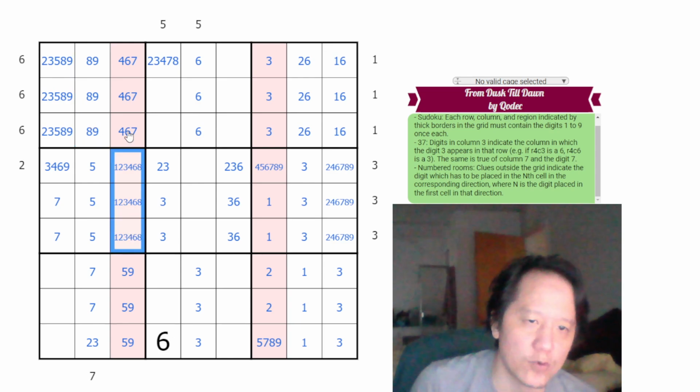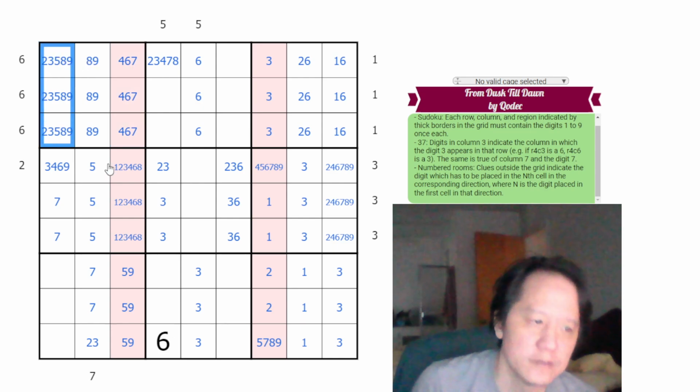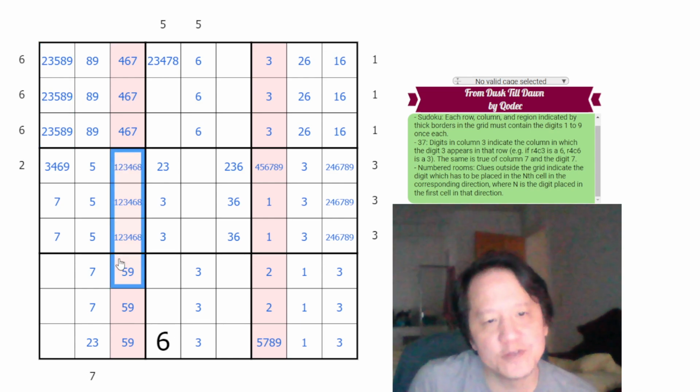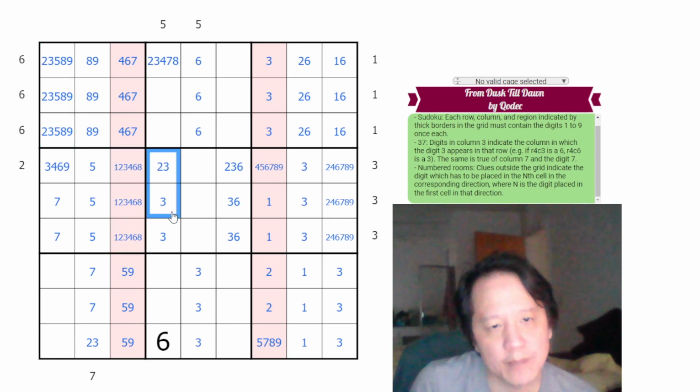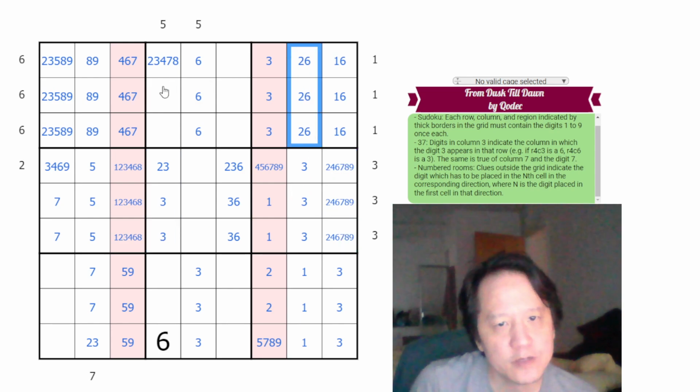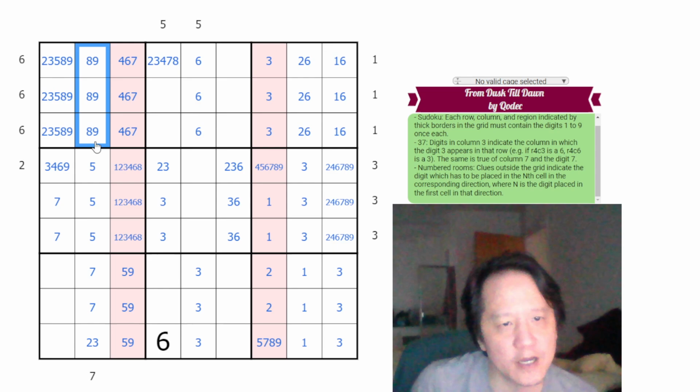This would be 4, so this would be 6. So this would be 3, 5, 8. Right, okay. So if this is 4, that means 3 is here, so this is 6. So this has to be 6, which means that these are 8. So this is 8. This would be 9. So this would be 7, 8.